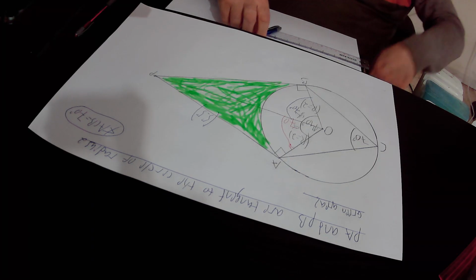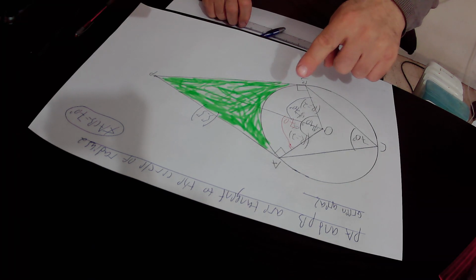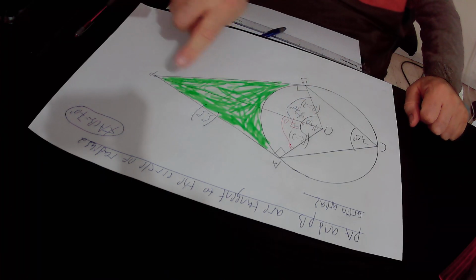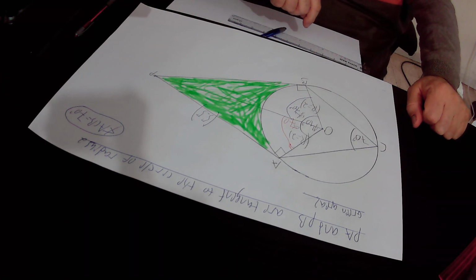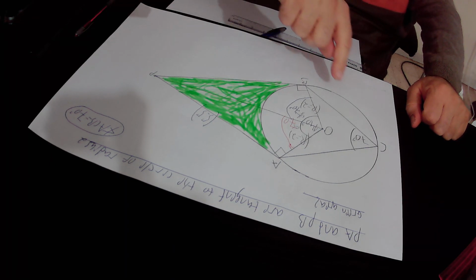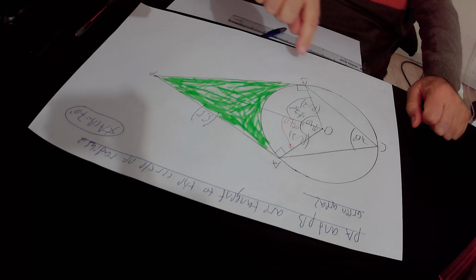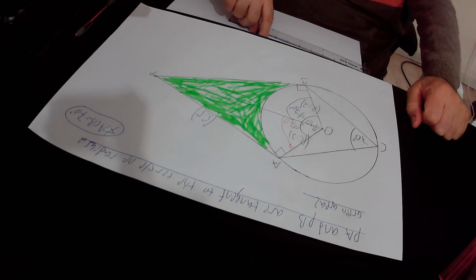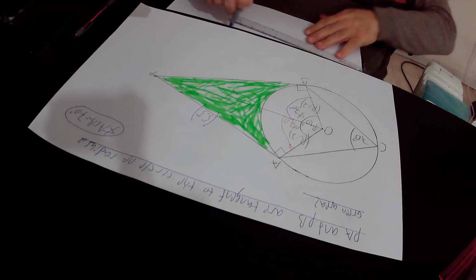The sum of the areas of those two right triangles gives us the area of quadrilateral AOBP, and when we subtract from it the area of this sector AOB, we get the area of this green shape.